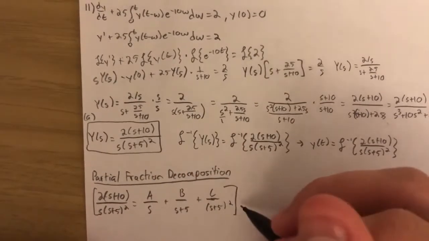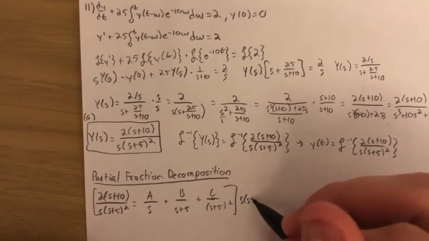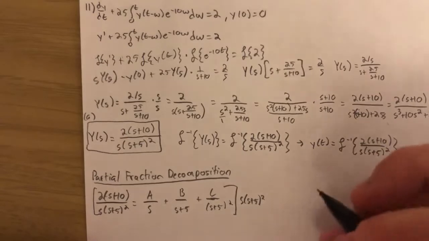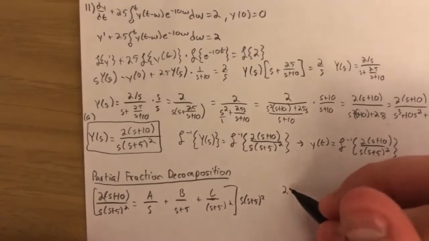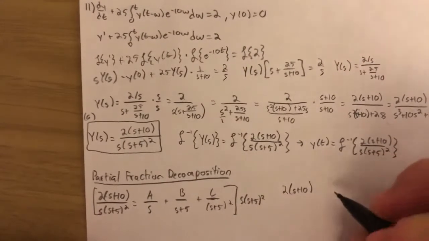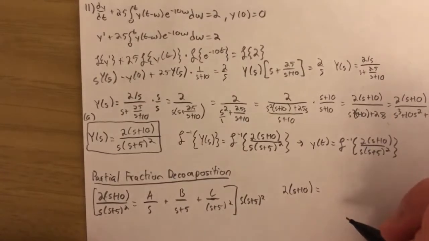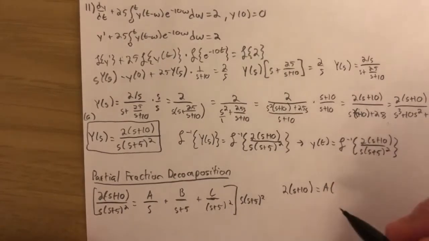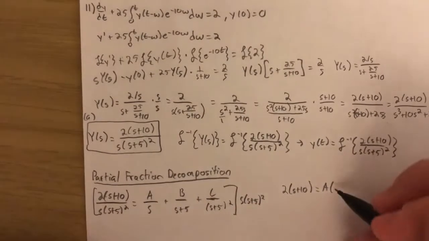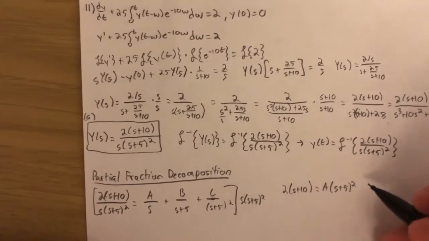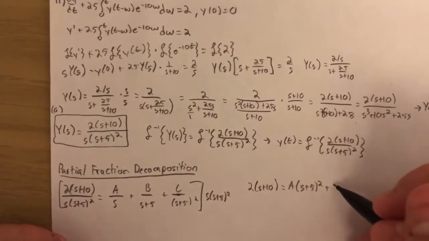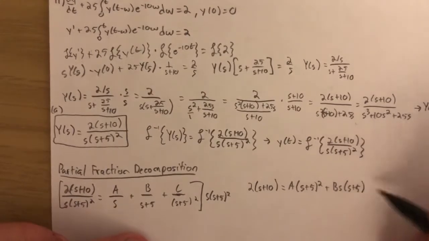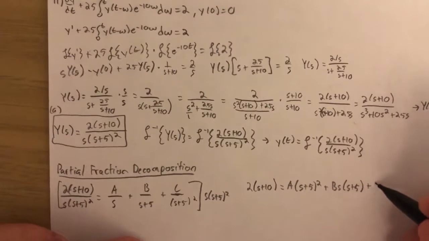So multiply the entire thing by s times s plus 5 squared. And that gives us 2 times s plus 10 equals A times, the s's are going to cancel, so s plus 5 squared, plus B times s plus 5, plus C times s.